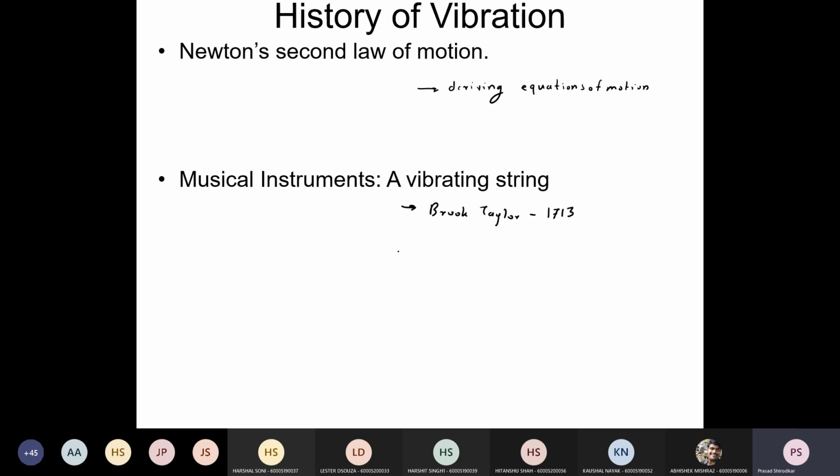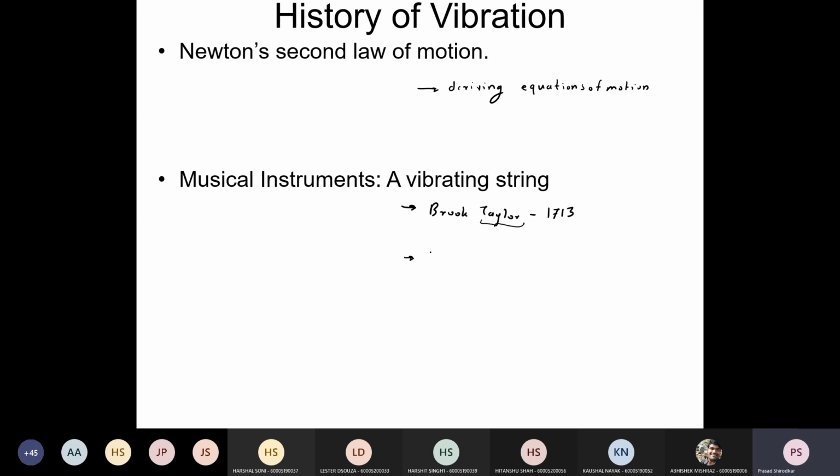Whatever equations were derived by Taylor, you will find these names very common in our entire mechanical engineering: Taylor, Galileo, and so many others who have worked in diverse fields of mechanical engineering, from fluid mechanics to design and all sorts of areas.